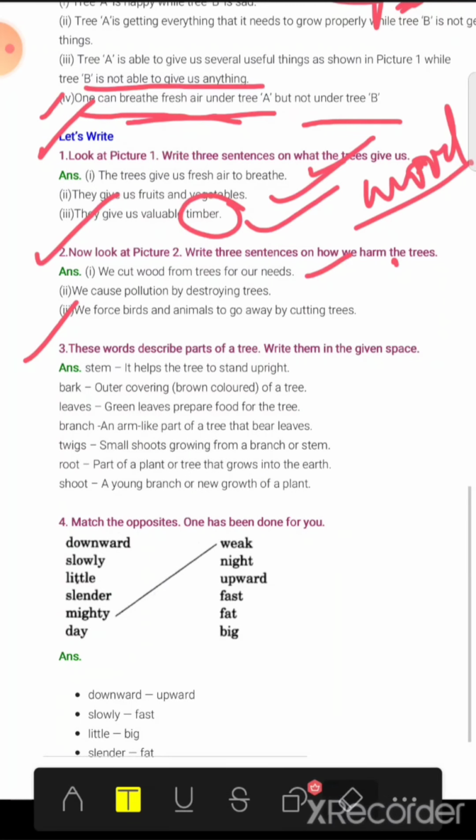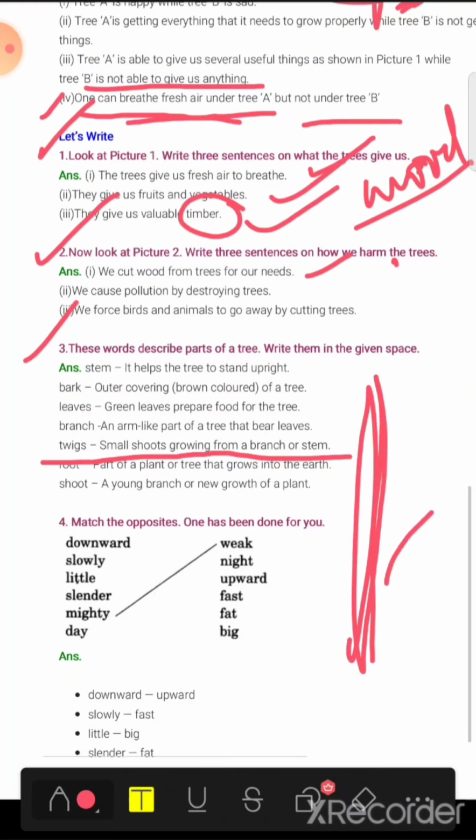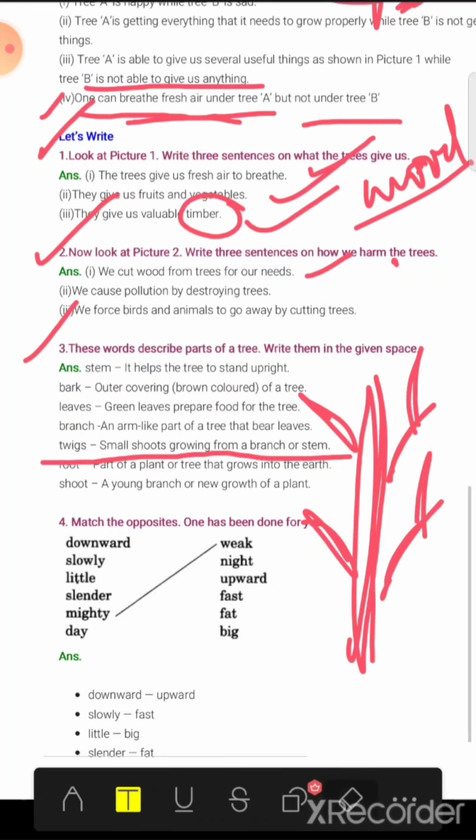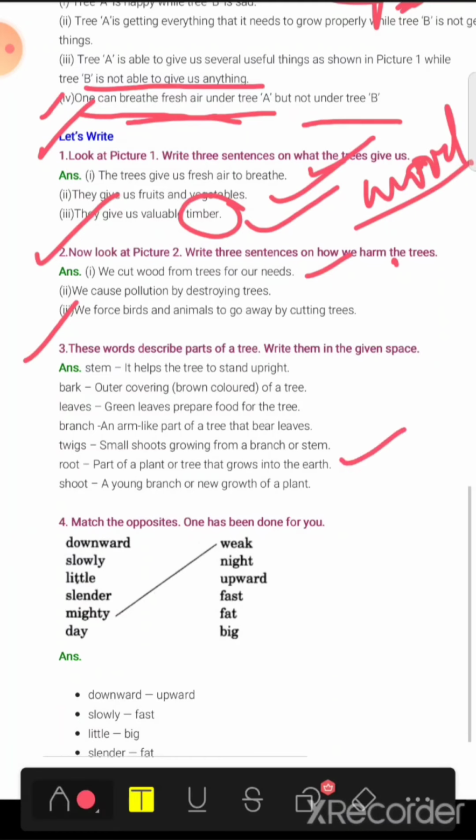Twigs: small shoots growing from a branch or stem. These are the twigs. The second last is root: the part of a plant or tree that grows into the earth, under the earth.